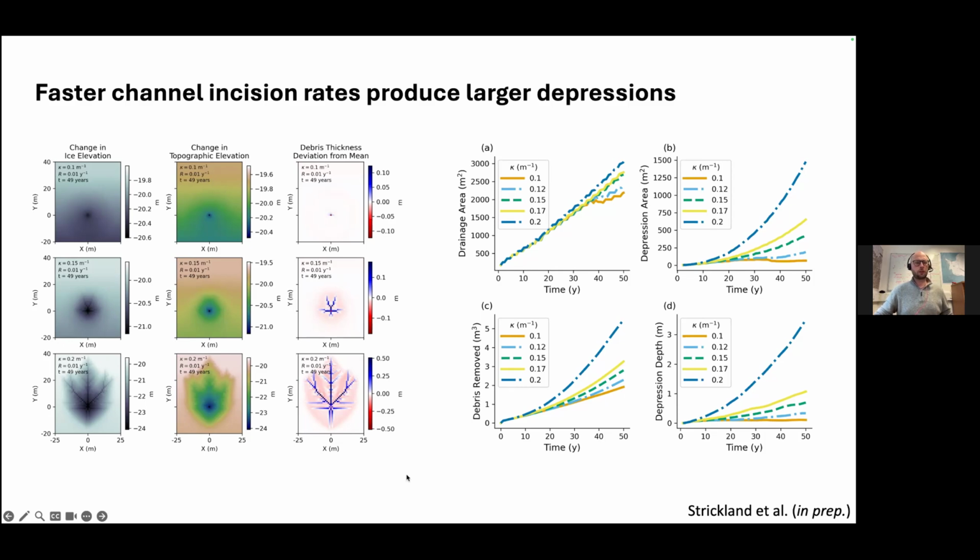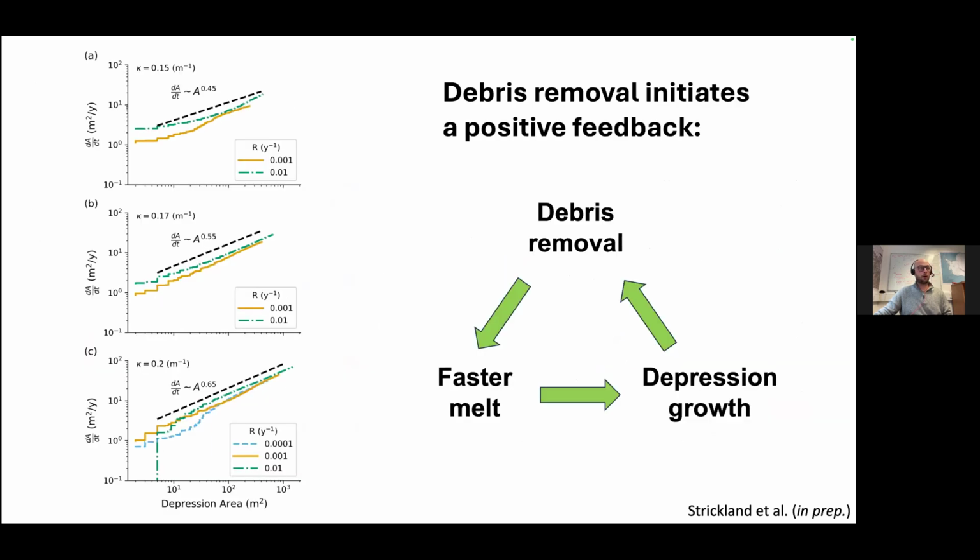So incision beneath the debris is an important control on depression growth by this method, and debris removal is also important. Okay, so thus far I've just shown that the depressions grow. This model works, so depressions on debris-covered glaciers could form by internal drainage and debris removal. But I haven't shown that any of this is positive feedback growth. So now I'm going to do that.